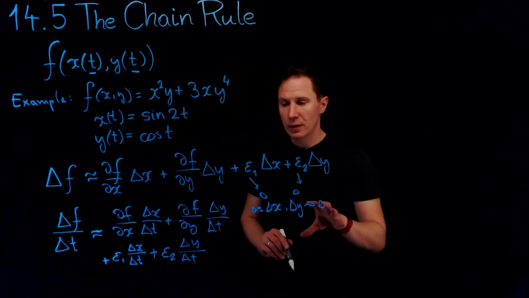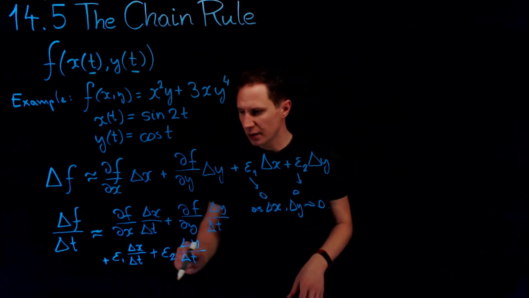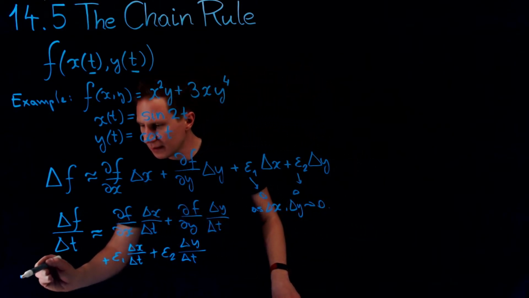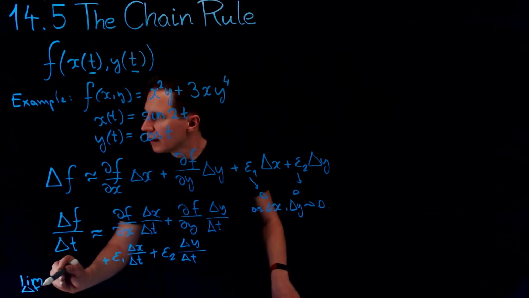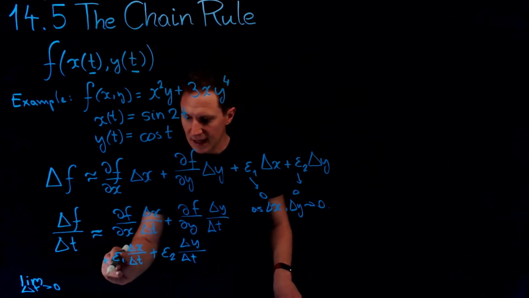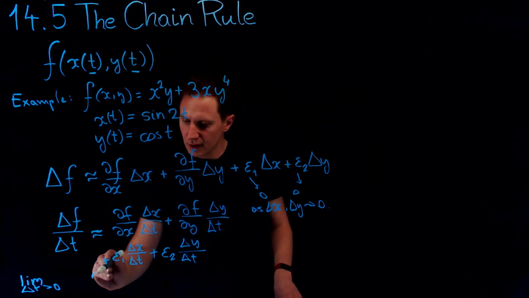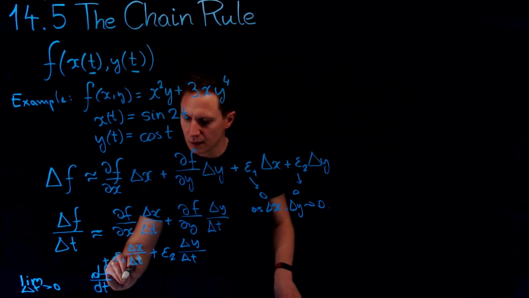Now if we take delta t to 0 in the limit, what we get is actually the derivative of our function with respect to the variable t.